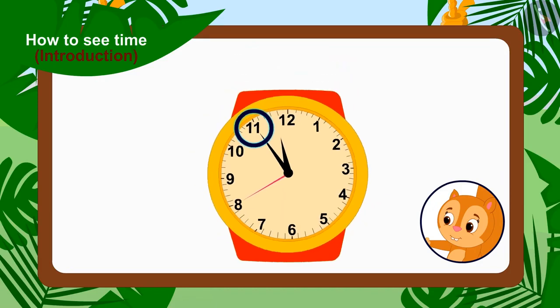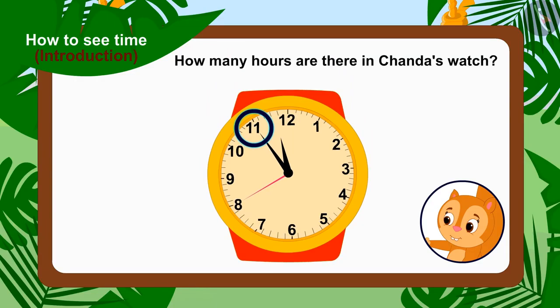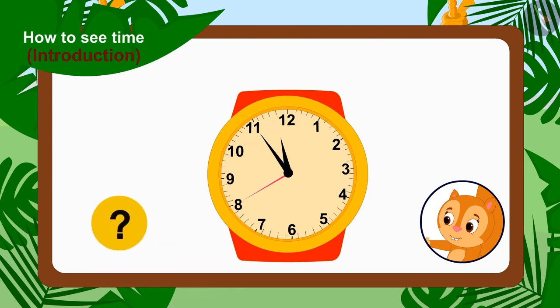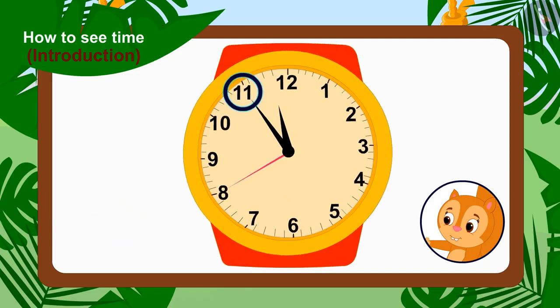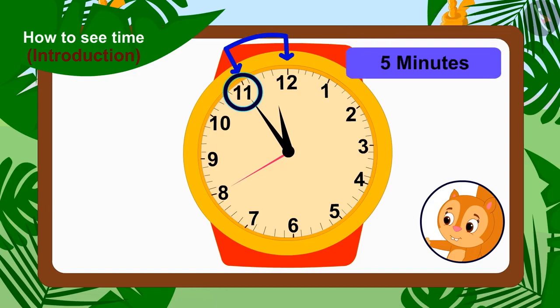So, how many hours are there in Chanda's watch? Yes, 11 hours. Now, let's see the time in minutes. Can you tell what number the minute needle is on? On number 11. And we know that there is a distance of 5 minutes between every two numbers.